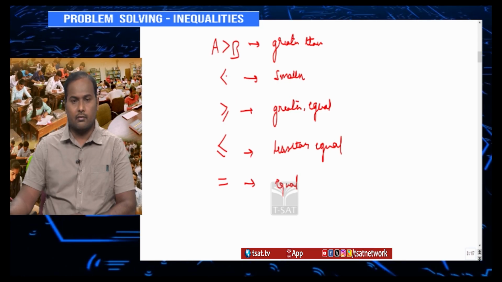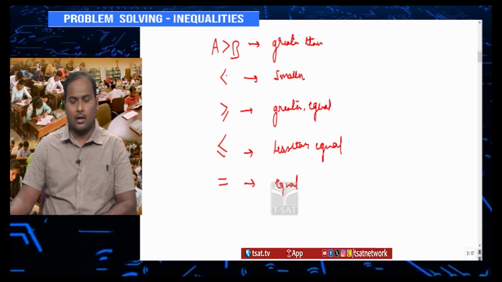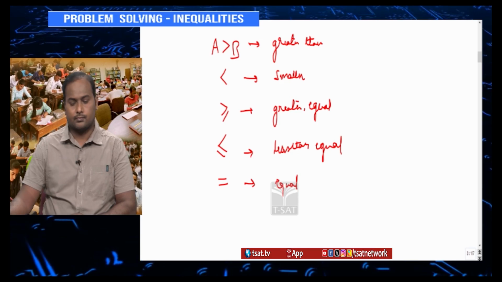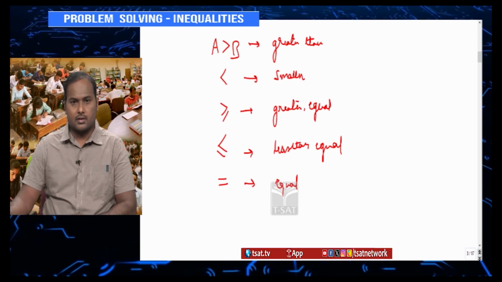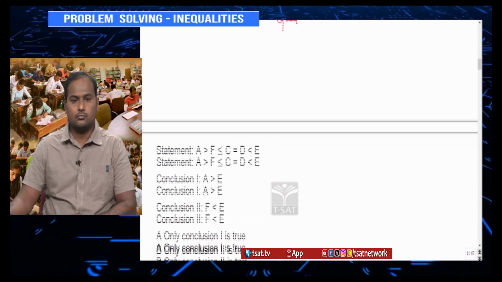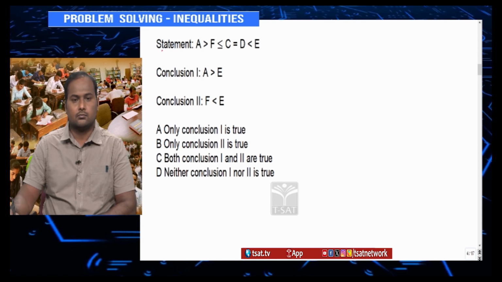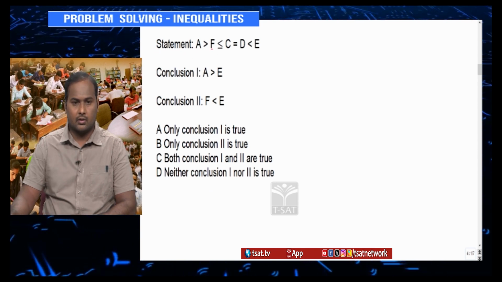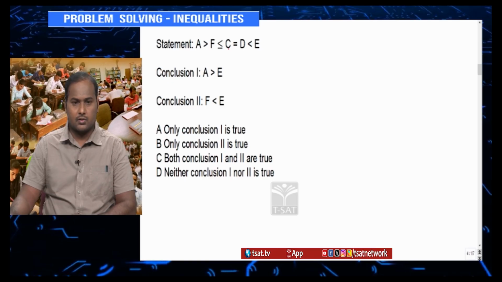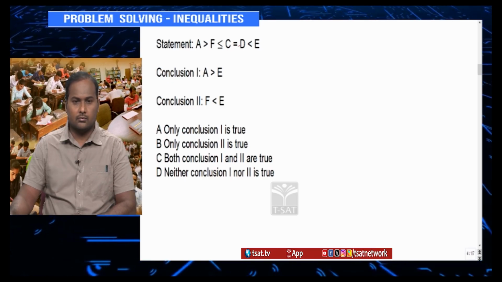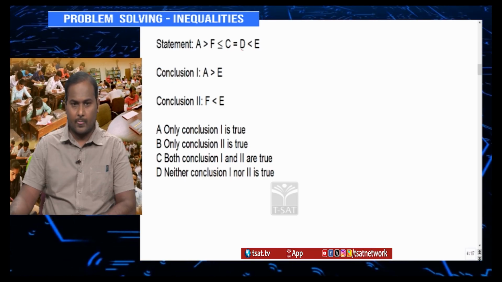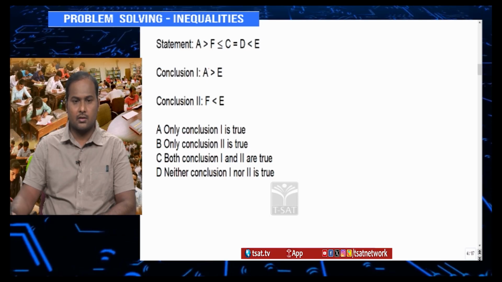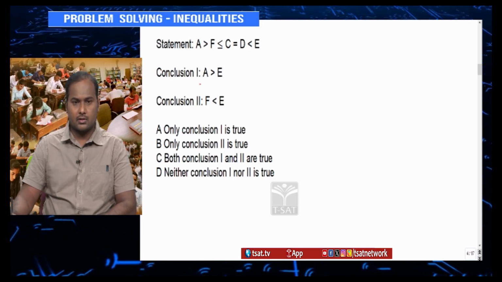So in this he will give statements and then followed by conclusions. For example, let's see a problem. See here, in the statement you can see A greater than F, F less than or equal to C, C equal to D, D is less than E. So these are the statements followed by 2 conclusions.